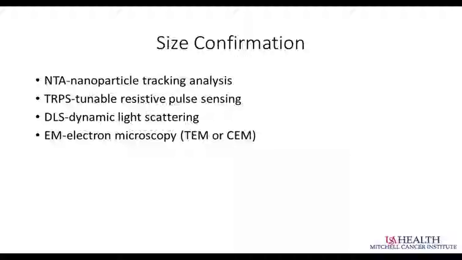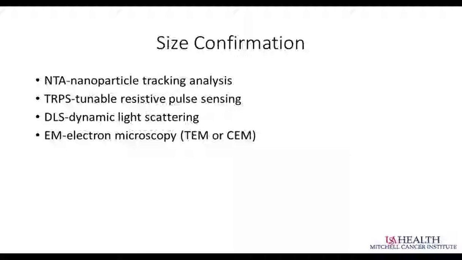A newer version of a sizer is TRPS, Tunable Resistive Pulse Sensing, that's a mouthful, is actually based on the old Coulter principle of sizing particles, just on a nanoscale.